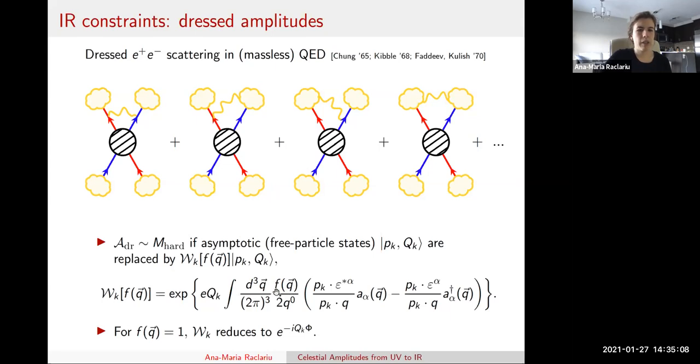Most choices break Lorentz invariance, because you introduce some kind of cutoff on the energies of the photons allowed in this cloud. But what we're going to show here is that on the celestial sphere there is a natural choice for what's in this exponential, which involves photons of all energies. In momentum space that doesn't make sense, because if you're colliding particles of finite energy, you're never going to be able to emit photons of arbitrarily high energy.